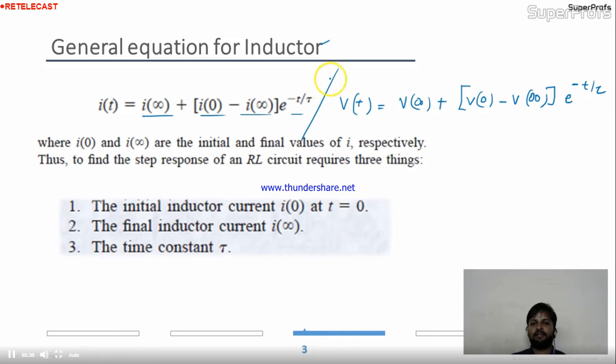So you can compare these two things. For the inductor, I0 and I infinity are the initial and the final values of the current I. To find the step response of the RL circuits, we require three things: the initial current I0, the final current I infinity, and the time constant. If you have these three things in your hand, you can easily find out the IT.